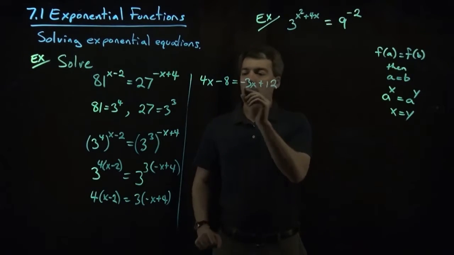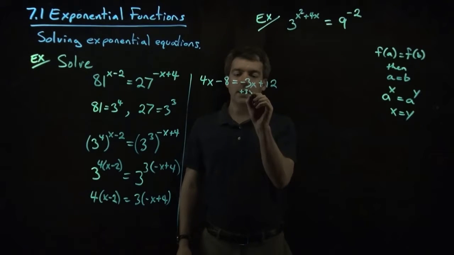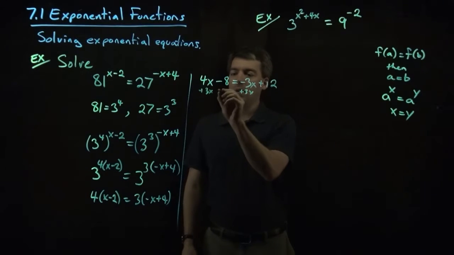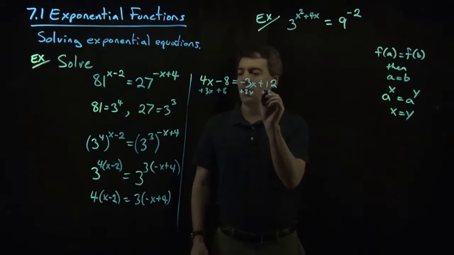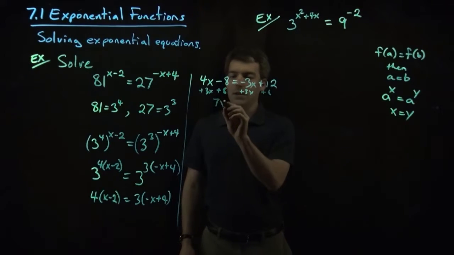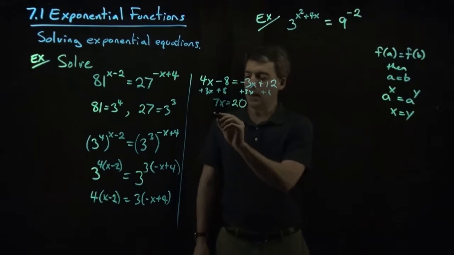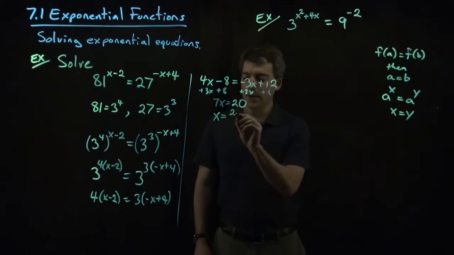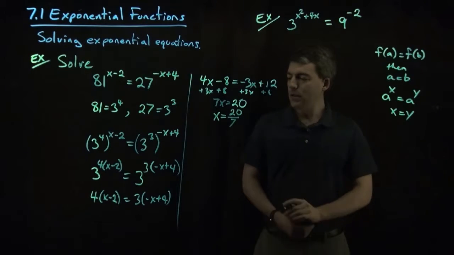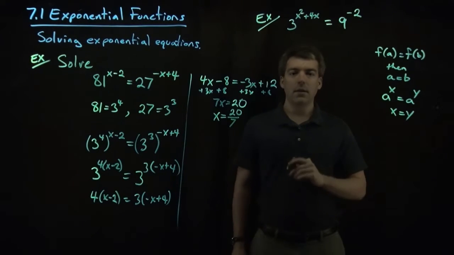All right, we'll just solve this. We can add 3x, add 8. We have 7x equals 20, and so x is 20 sevenths.